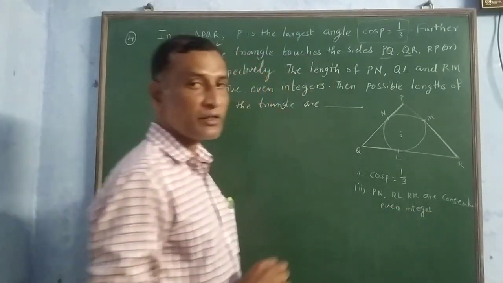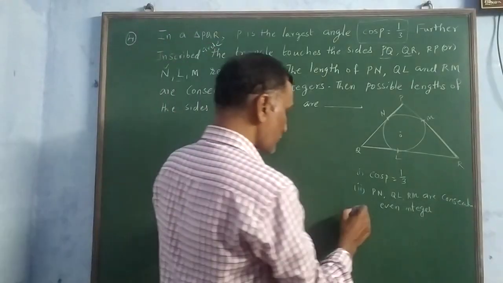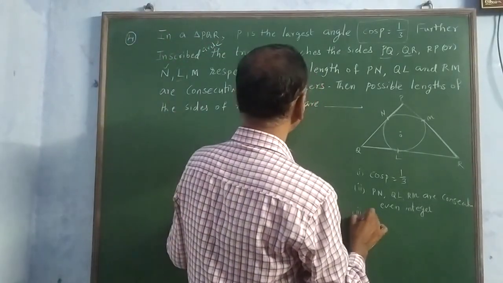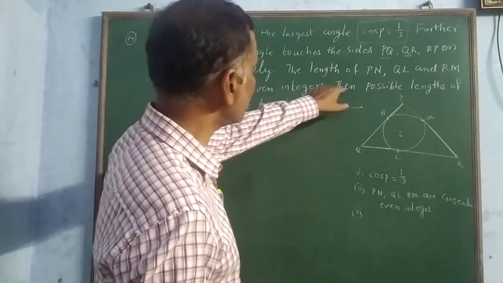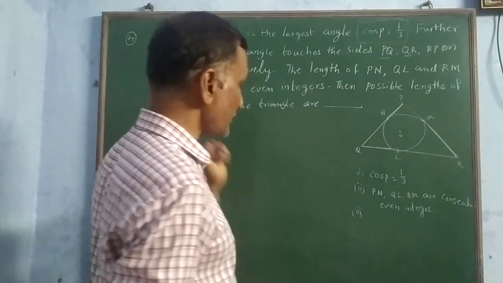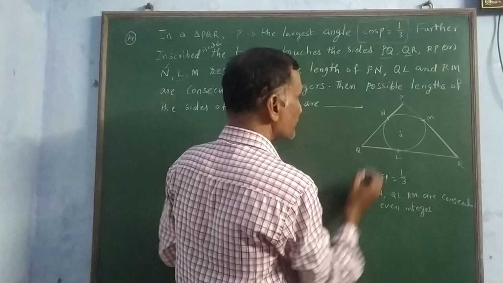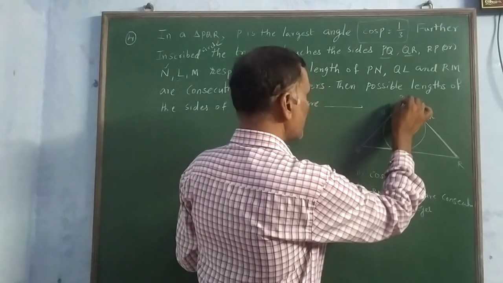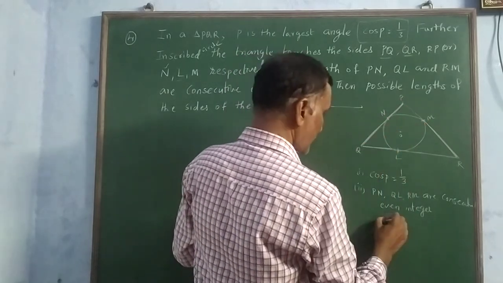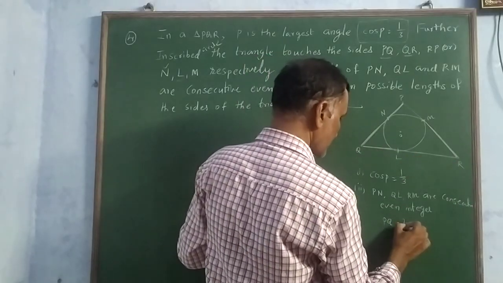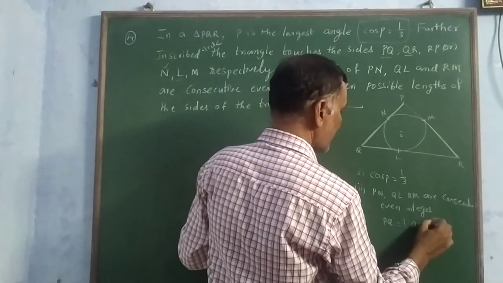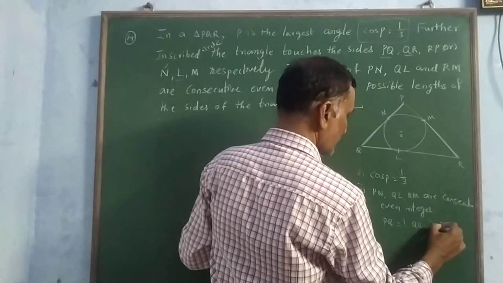Next, the third statement: the lengths of PN, QL, RM are consecutive even integers. Then we ask for the possible lengths of the sides: PQ length, QR length, and PR length.